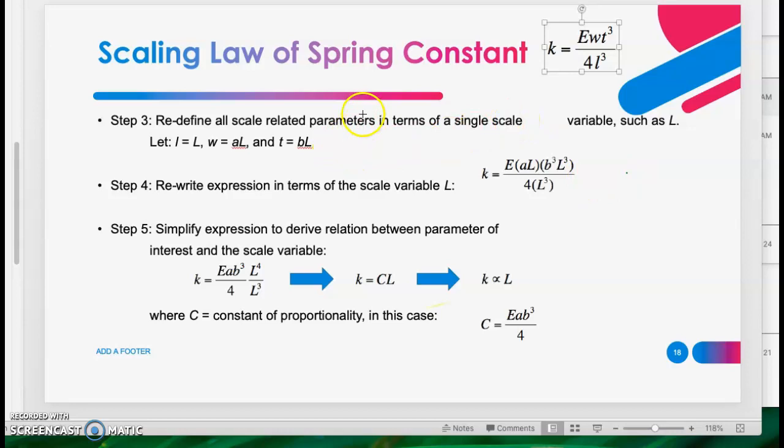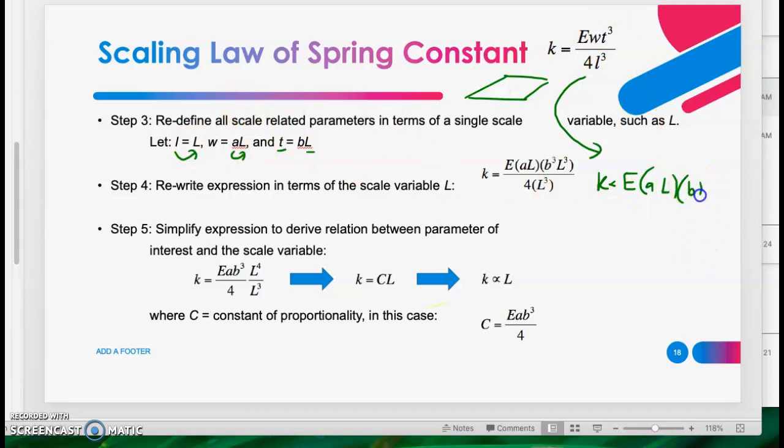Okay, so let's replace all the scaling parameters. L becomes L, the width of the beam becomes A multiplied by L, and the thickness is B multiplied by L. So what we're going to denote here, K equals E, the Young modulus, times W, which is AL, times T cubed, which is BL cubed, and then divided by 4, with L replaced by capital L cubed.